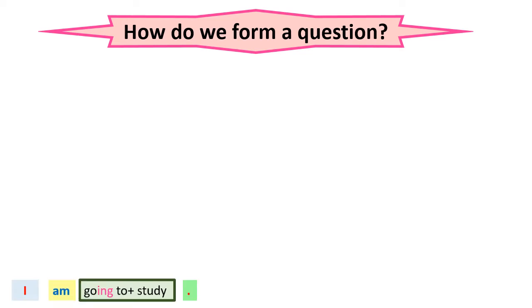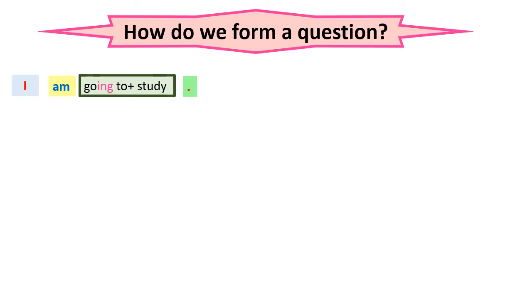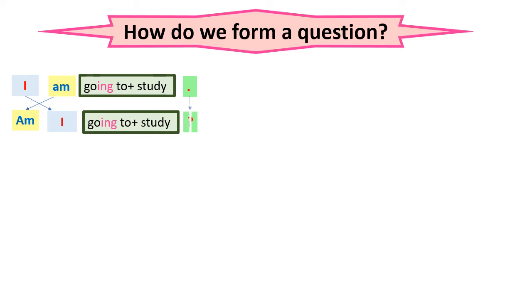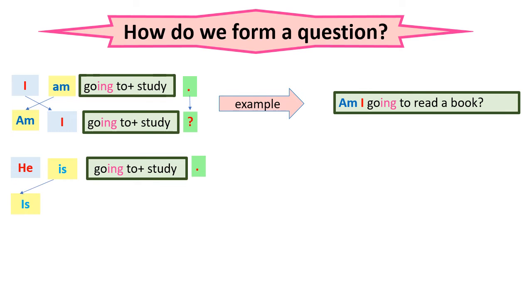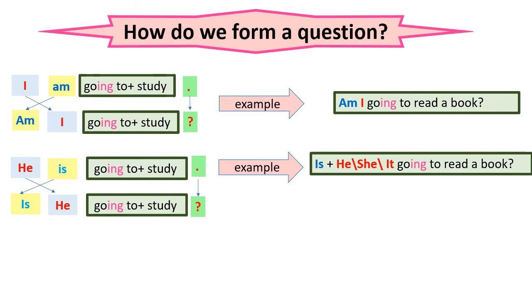Okay, how can we form the question? The sentence is I'm going to study. How can we form the question? We can say: Am I going to study? And we put the question mark. I'm going to read a book. Am I going to read a book? He is going to study. How can we make it a question? We put "is" first: is he going to study?